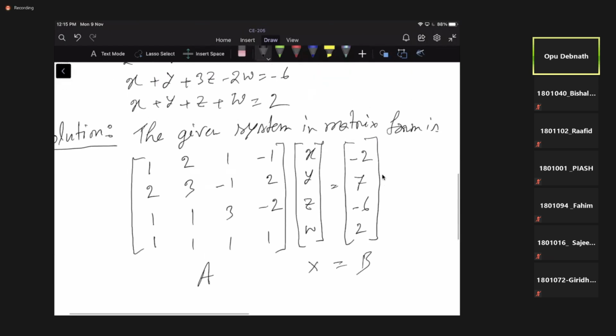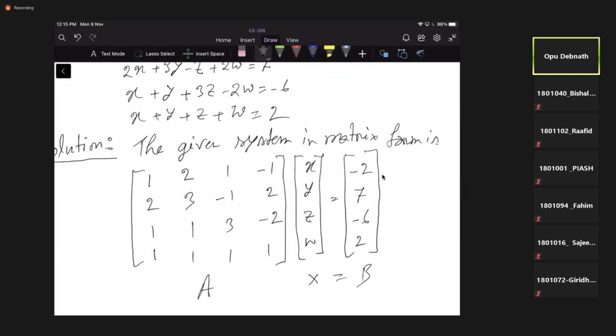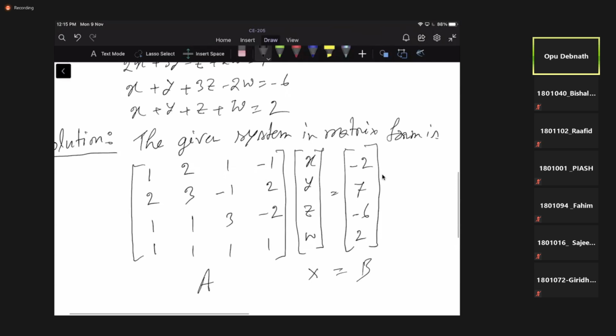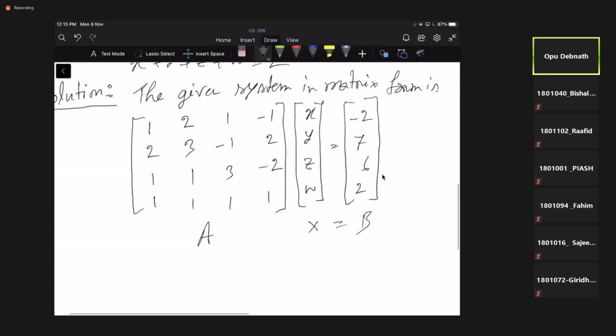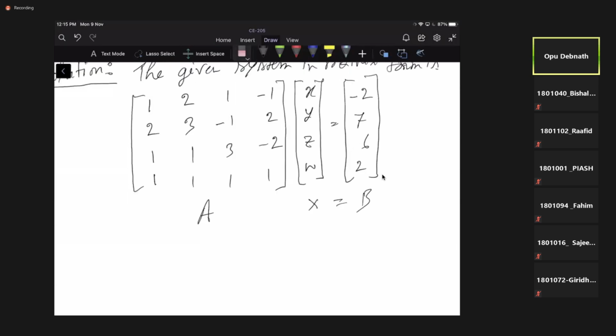Suppose in the equation it's 6, but you mistakenly write minus 6, or here is minus 6 and you write 6, and then you complete the following steps, and the entire solution will carry over a wrong value. So be careful while you are calculating and writing.